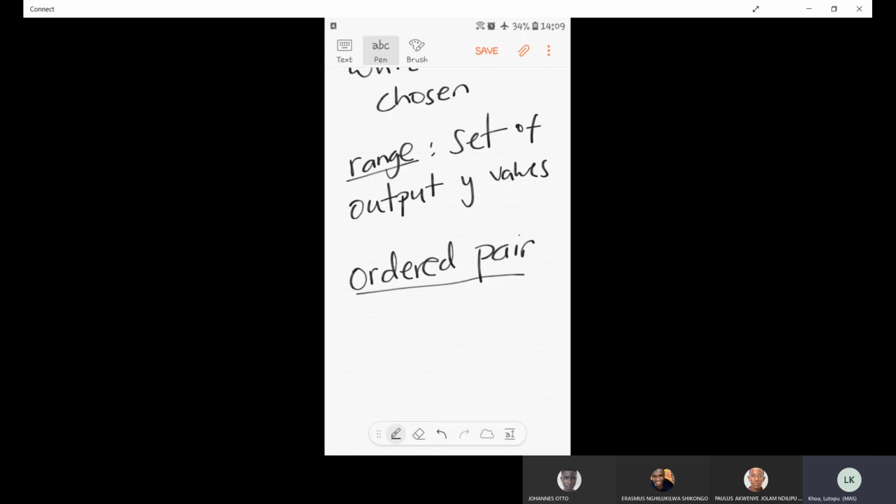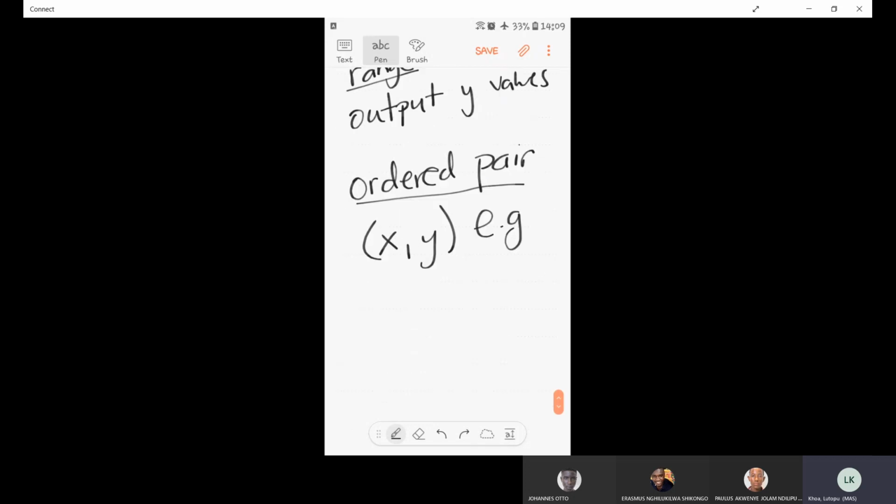An ordered pair looks like this. This is x and y. So an example of an ordered pair is this one here, 2, 3. Now it is called an ordered pair. Firstly, pair because it's two terms, and then ordered because the way you put them in matters.